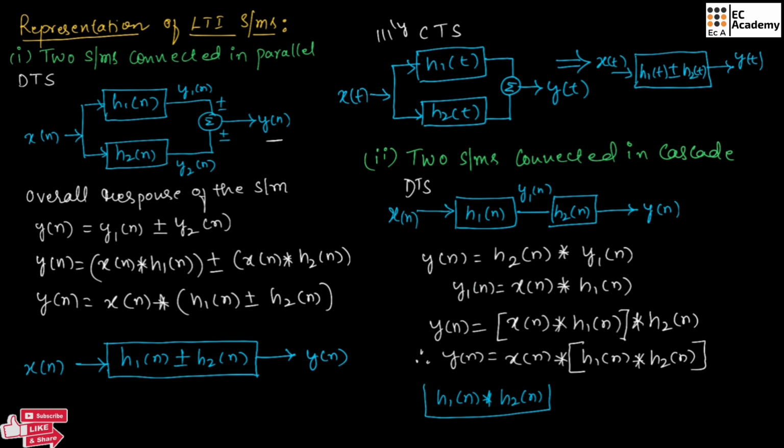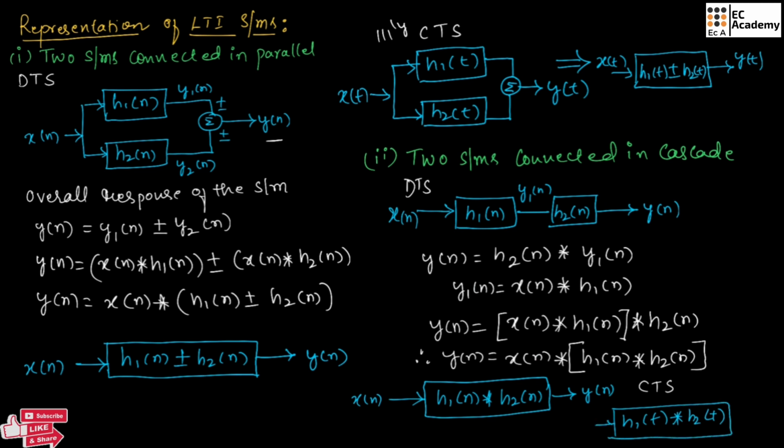For this the input is x of n, output is y of n. So, this is for discrete time system. Similarly, for continuous time system, we can write h1 of t convolved with h2 of t with input x of t and output y of t.